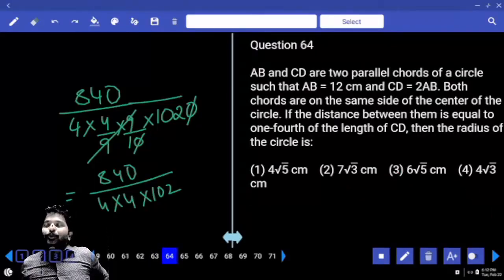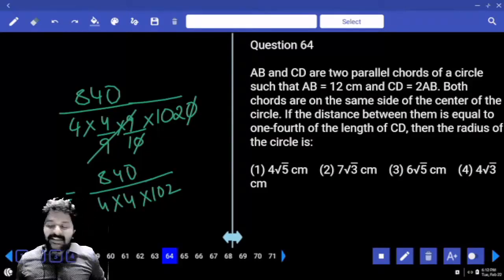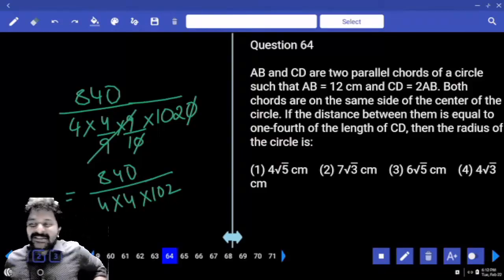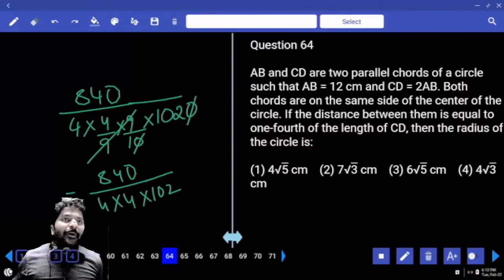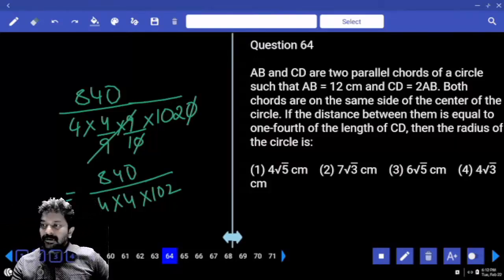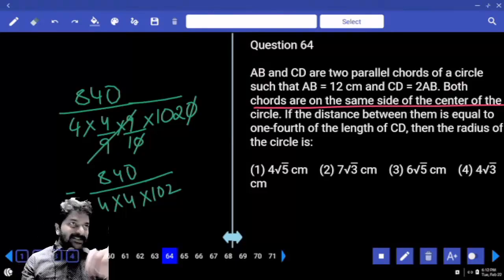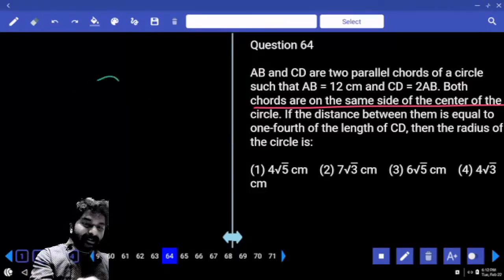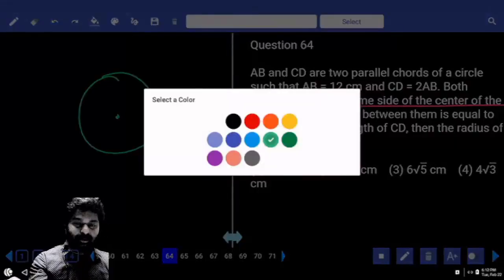AB and CD are two parallel chords of a circle such that AB is equal to 12 and CD is equal to 2AB. 2AB in the sense 24. Both chords are on the same side of the center of the circle. This is very important. So here we have a circle. This is center. Let me take two chords here.